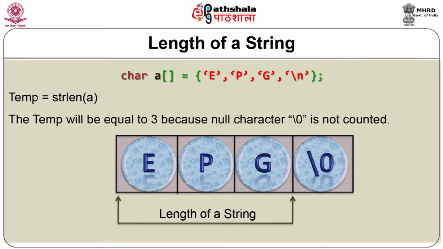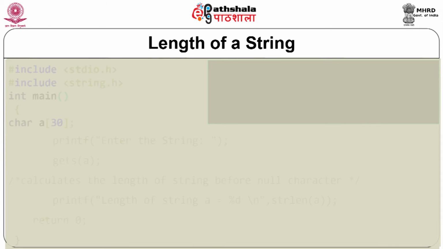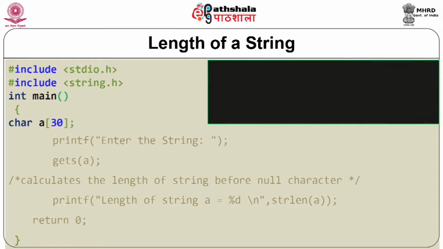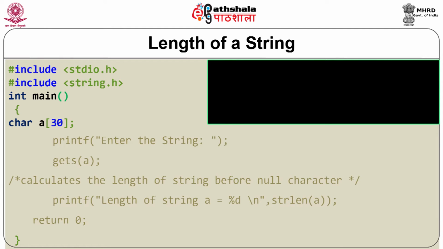So the length will be considered up to G, from E to G, and there are only 3 characters. Let us see a simple program which will elaborate how to work with length of string. Now you can see in this program I am using string.h, the header file that is required for handling of the string. I am considering A[30], I am using printf statement and gets statement. You know, gets statement is used to read a string from the terminal.